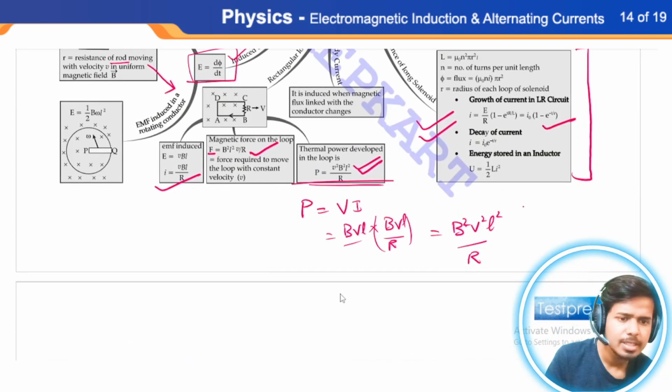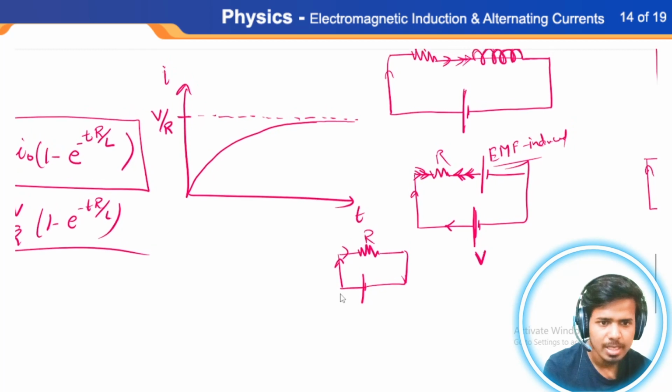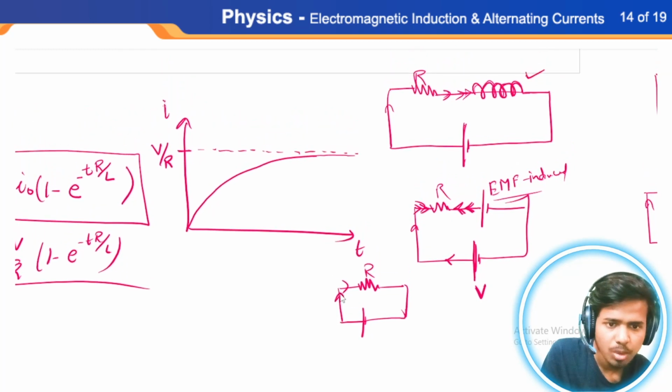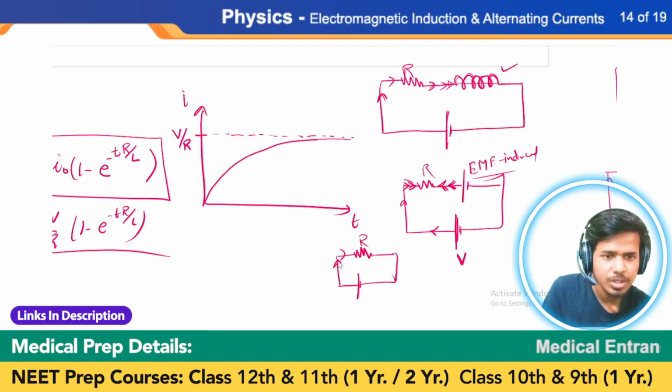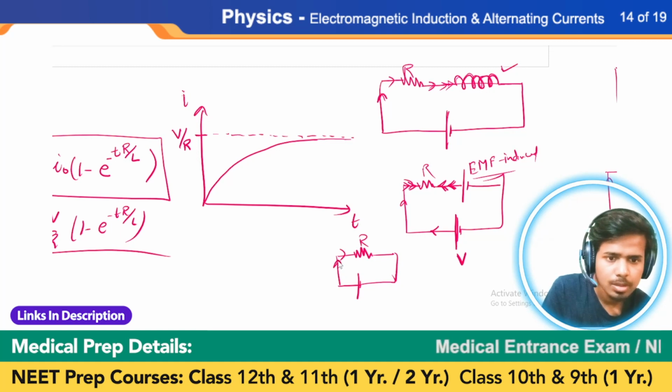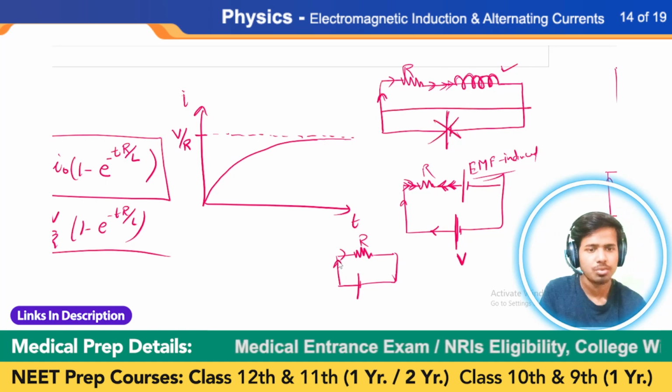And decay of current, actually, I'll talk about it. What is the decay of current? Let's say there is a condition that now the maximum current is flowing through it. And suddenly what I do is I join it, connecting this one out.